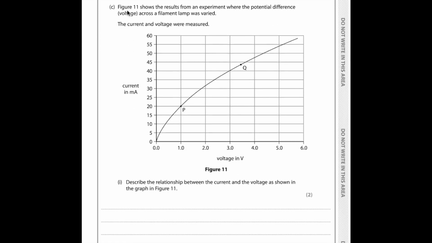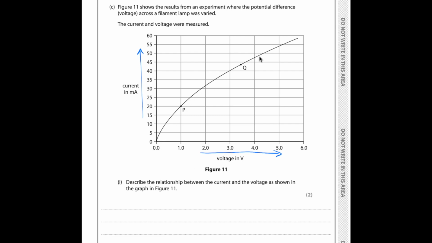Question C. Figure 11 shows the results from an experiment where the potential difference, which is voltage, across a filament lamp was varied. The current and voltage were measured. Describe the relationship between the current and the voltage as shown in the graph. Right, as voltage is getting bigger, the current is also getting bigger.